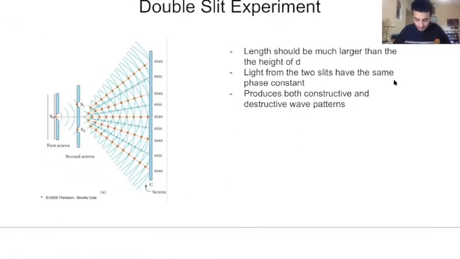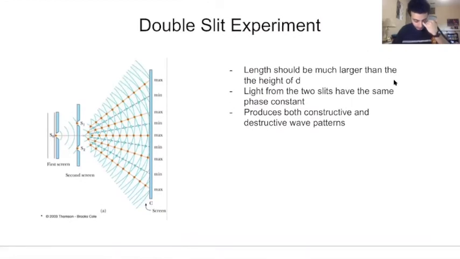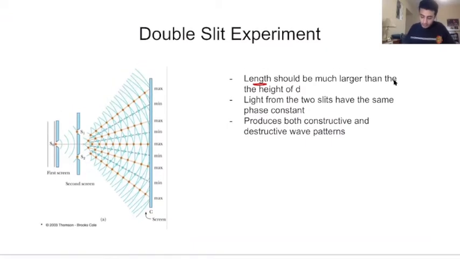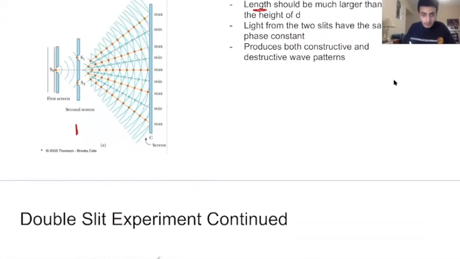So last, but definitely not least, the double slit experiment. This is Young's experiment to understand light diffraction. The thing to keep in mind is that the length L, which refers to the distance between the slits and the screen, has to be way bigger than the distance between the slits. So L has to be way bigger than d.